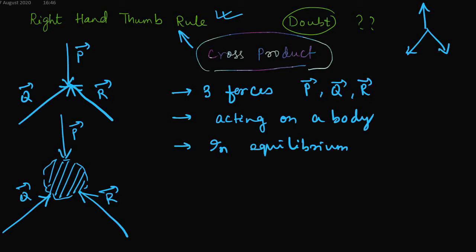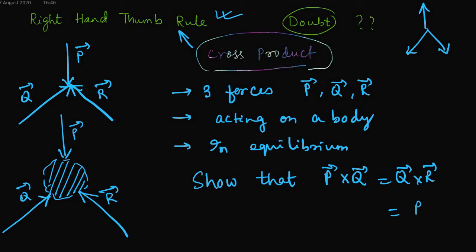So then the question arises, show that P cross Q equals Q cross R equals R cross P. Now you can see in the question also a cyclic pattern is detected.